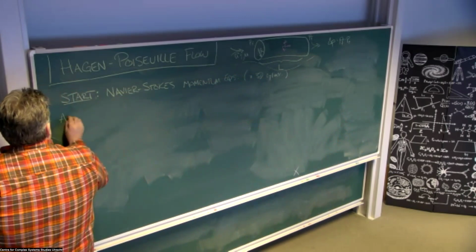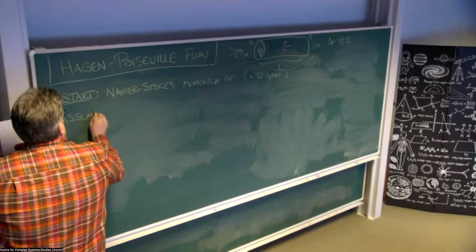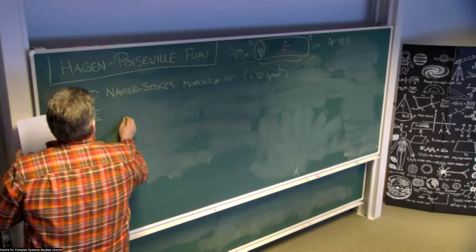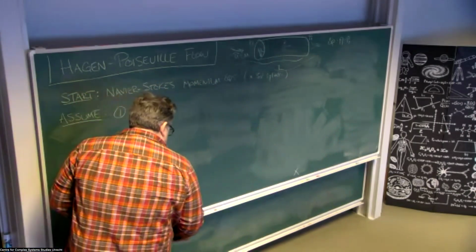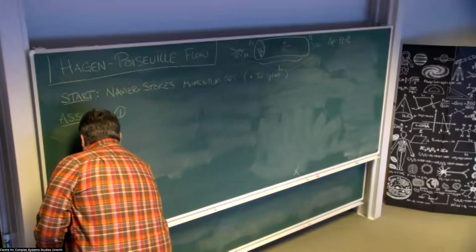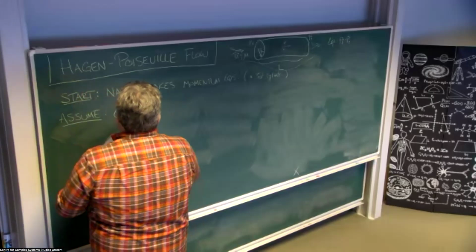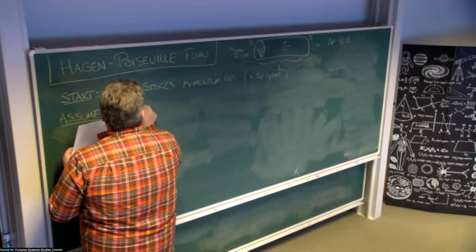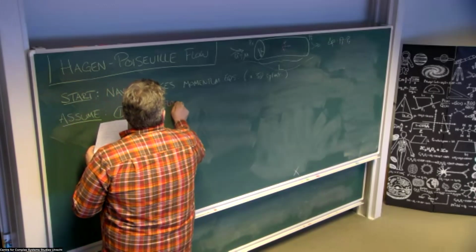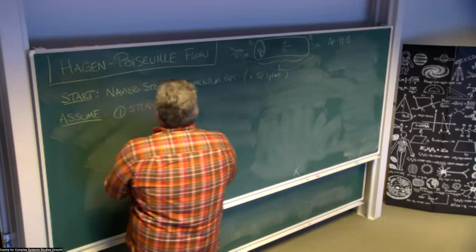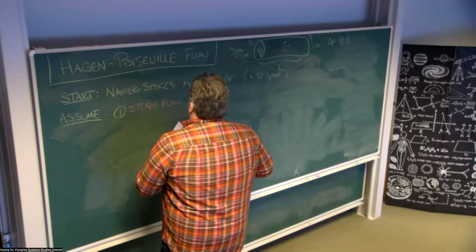So we're going to assume the following things. Maybe I should have a different color for each. We're going to assume that we have steady flow. So what does that mean?